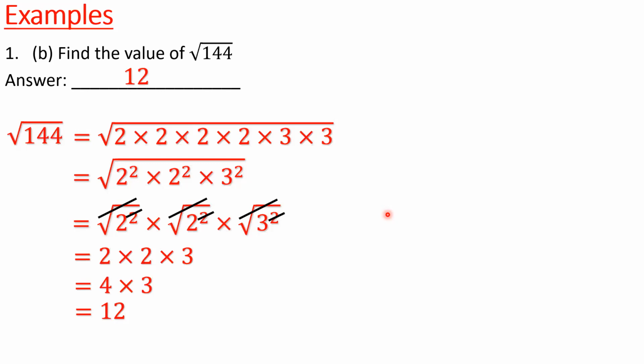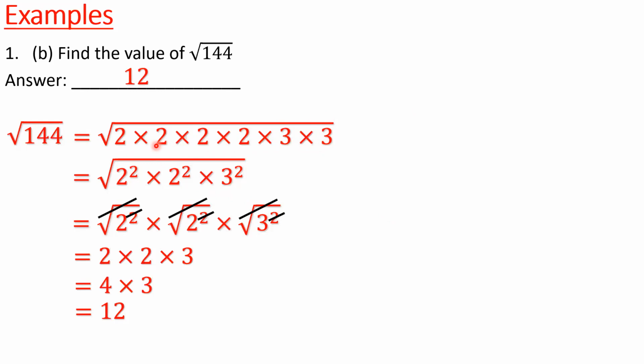Okay, so what we did was we took 144 and we wrote its prime factorization. What's the prime factorization of 144, Zaria? It is 2 times 2 times 2 times 2 times 3 times 3.